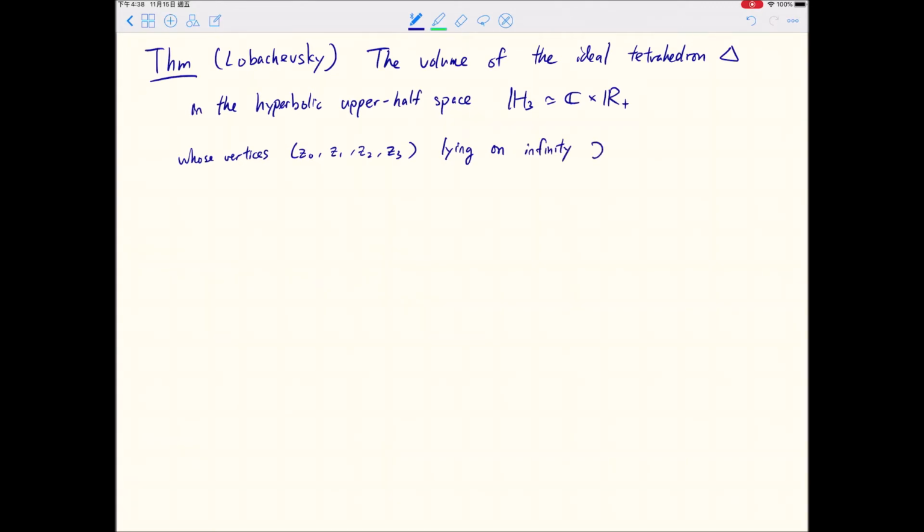So the infinity is the boundary of the upper half space, which is just the complex plane extended by infinity. And the volume of this tetrahedron will be given by exactly this Bloch-Wigner function.